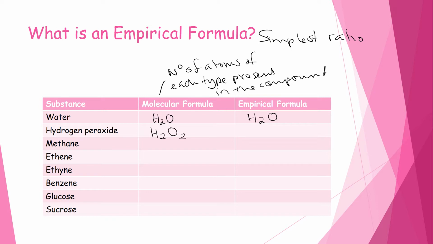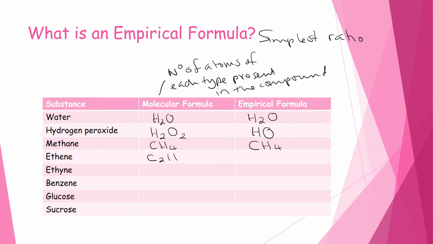Now that means you've got 2 hydrogens to 2 oxygens, so 2:2 would simplify down to 1:1, which is HO. Methane has a molecular formula of CH4, so it's got 1 carbon to 4 hydrogens, and you can see that's the simplest ratio, so its empirical formula is the same.